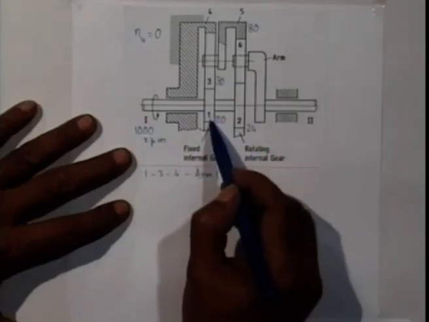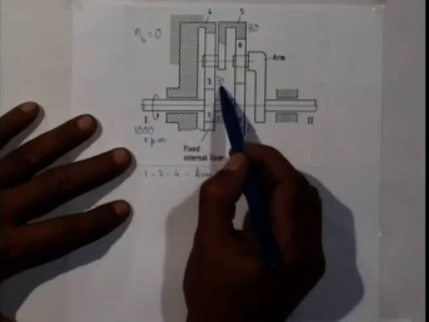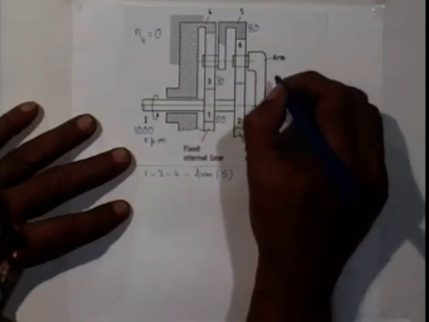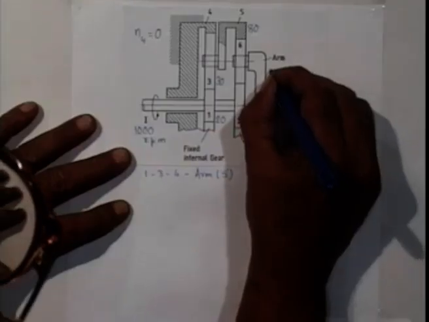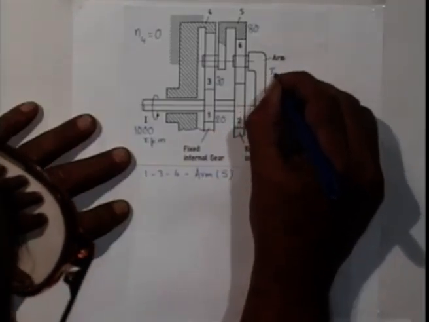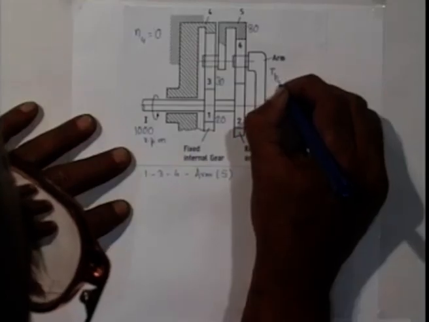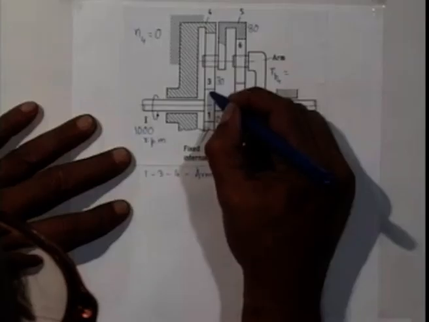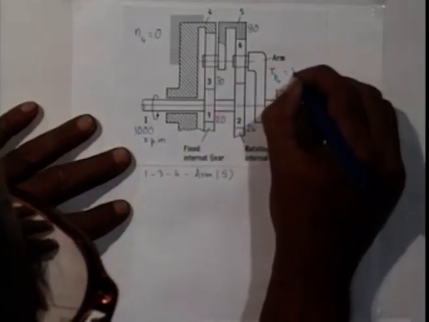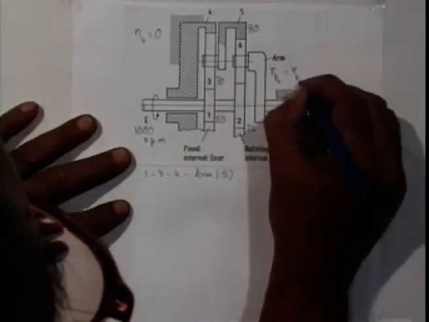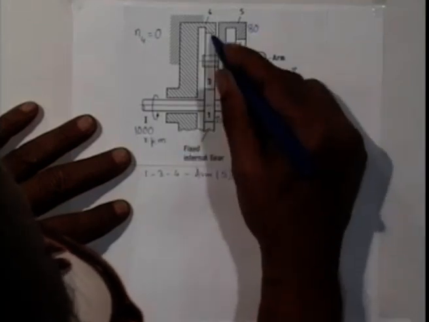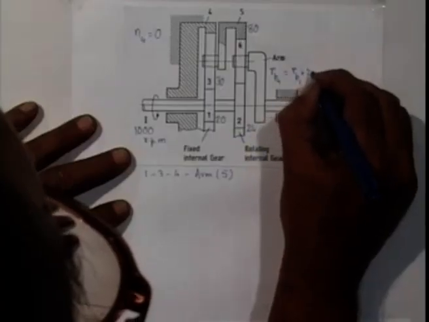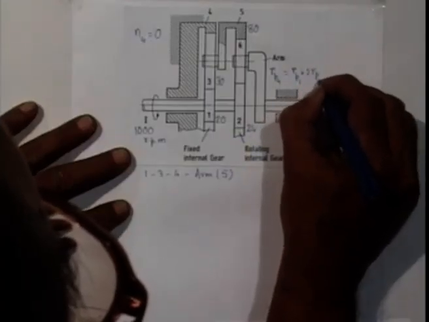Number of teeth on 1 is 20, number of teeth on 3 is 30. So we can find out the number of teeth on gear 4. For that we write the pitch circle radius of gear 4. As we see, this is the pitch circle radius of gear 1, RP1, plus the pitch circle diameter of gear 3, that is twice RP3.